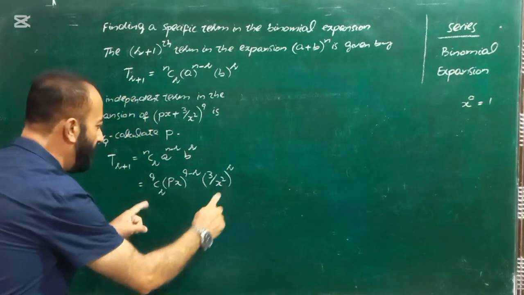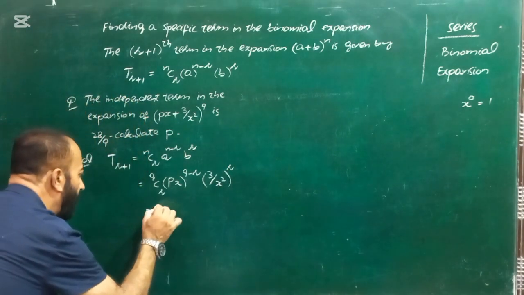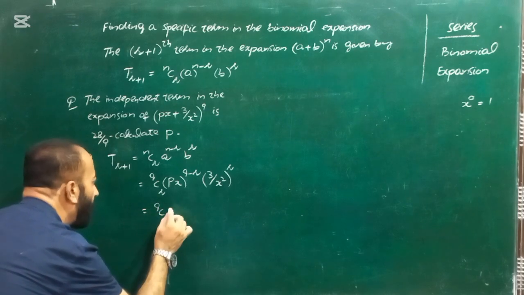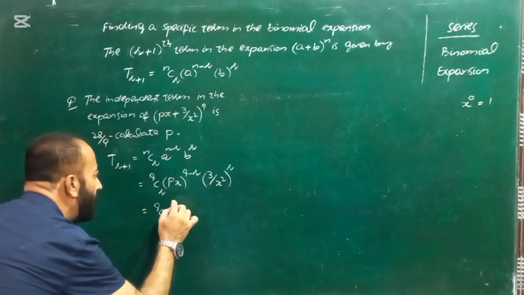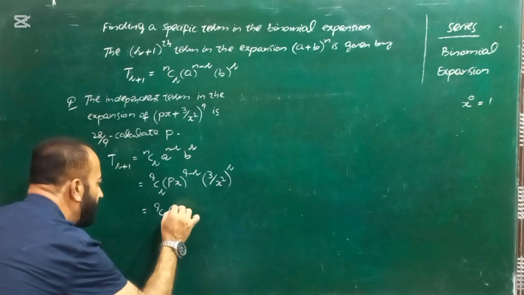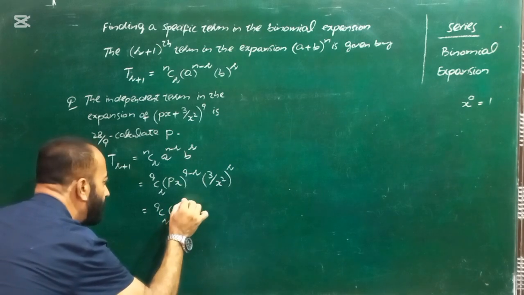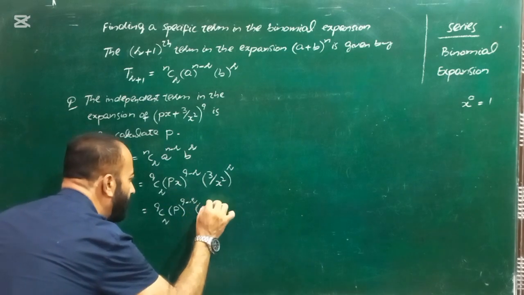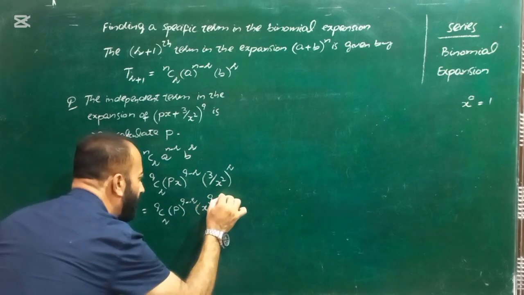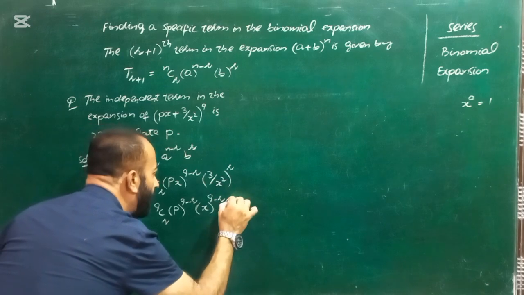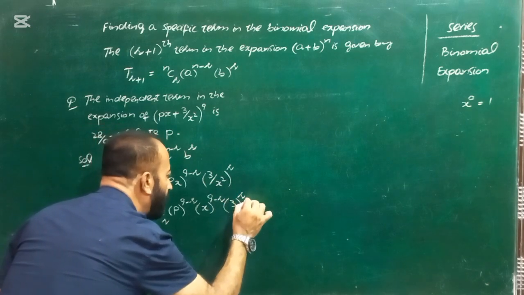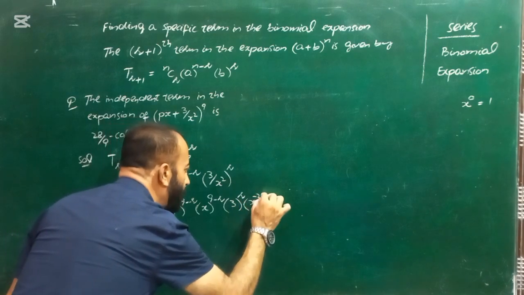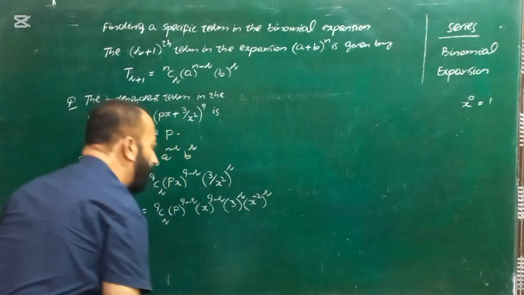Okay, from here we will simplify it. So 9Cr into p raised to the power 9 minus r into x raised to the power 9 minus r. From here you can see 3 raised to the power r, and x will go to the numerator. It will become x raised to the power minus 2 raised to the power r.